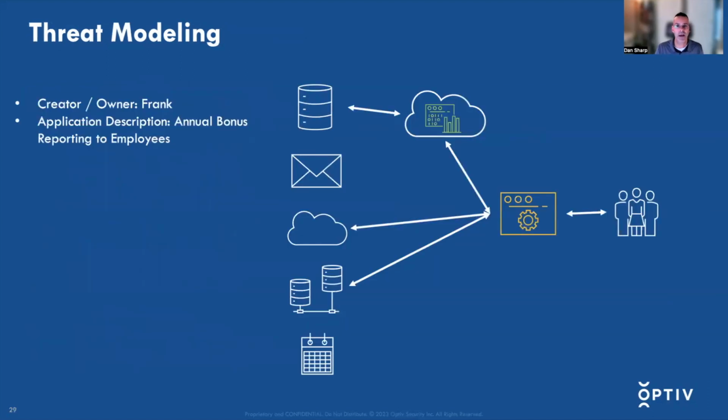Now within the threat model, we can just use an example: take the layout that we had before, when we were showing the application that Frank had created to display annual bonus reports to the employees.